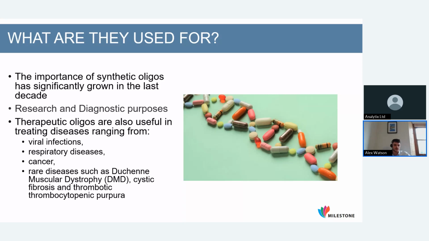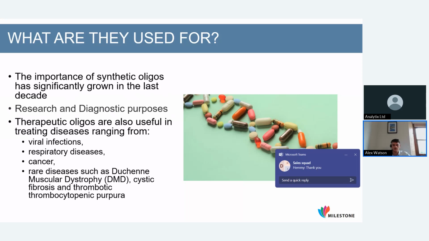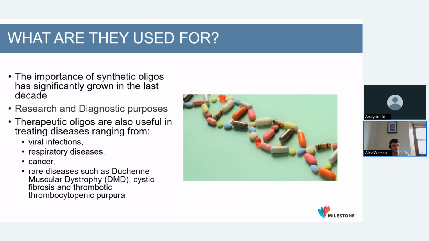Therapeutic applications are also a big one, and particularly so in the pharmaceutical industry. Be it gene therapy, where encoding and delivering a functional gene to a patient, or it could be the use of oligos to modulate gene expression in a patient. And this could be used to help fight off viral infections, treat cancer, and prevent tumor progression, as well as treating respiratory diseases or specific genetic disorders.